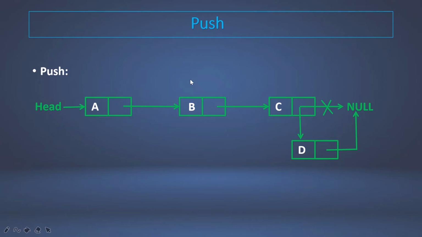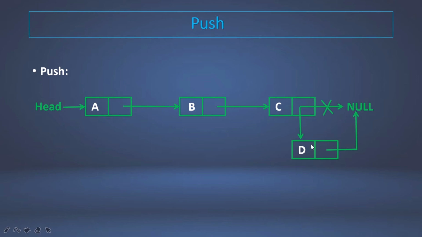For push, we know that in a queue, whatever value you push will be pushed at the end of the queue, right? So this is a singly linked list containing nodes A, B, and C. You want to push the new node D in this queue, at the end.